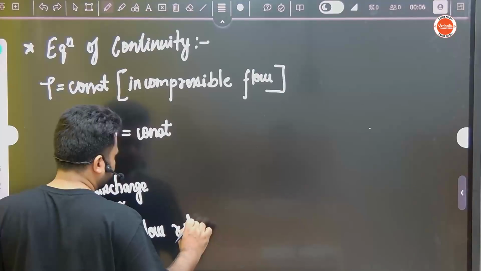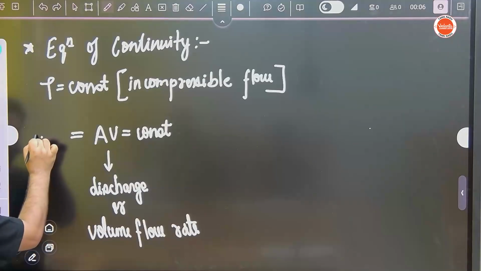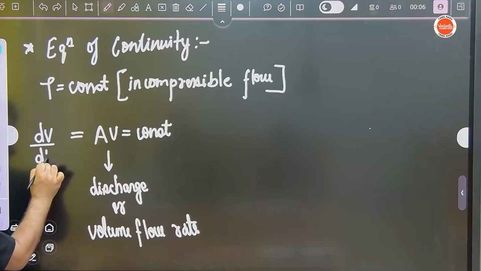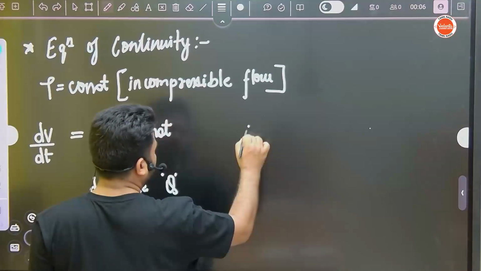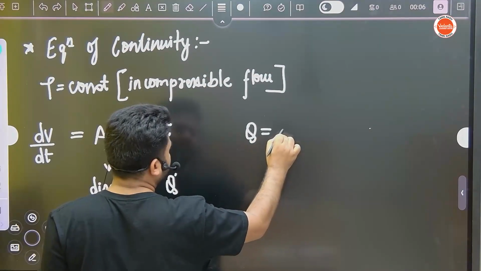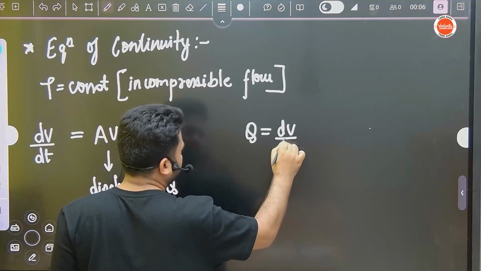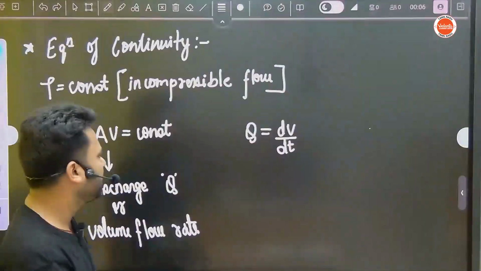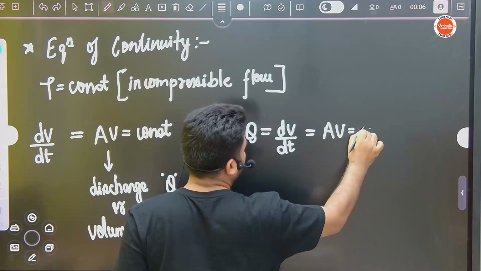Discharge is represented by the letter Q. Discharge is how much volume flows in how much time. Its formula is area into velocity, and it is always constant.